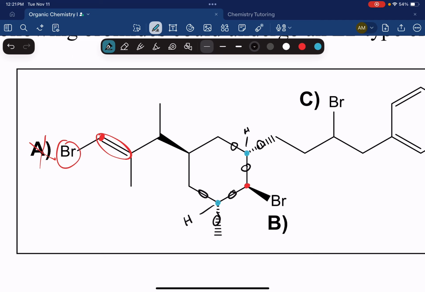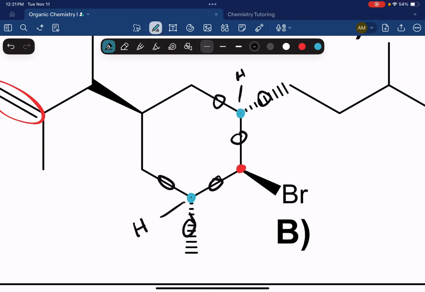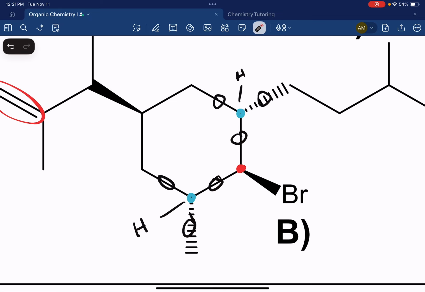Okay, so though this is technically an alpha carbon that can react, look how much steric hindrance there is all around it. To get this hydrogen, it's already trapped between so many things and it's in a ring. This one is also trapped between so much going on. So we'll leave that as an option. However, it's not really looking great for it.